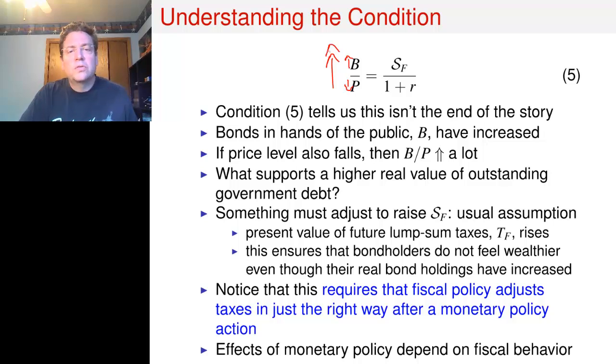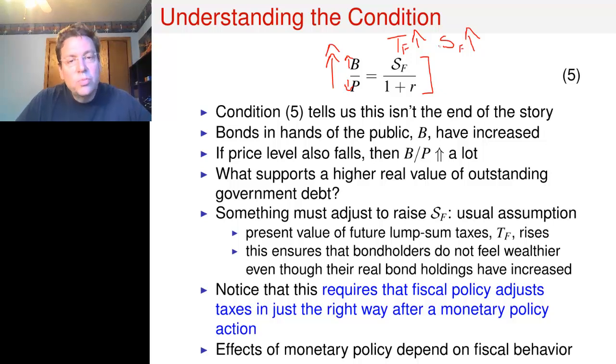Well, what's going to support that debt? Something has to adjust to make this right-hand side equal to this higher value of debt. And so in the usual scenario, what is adjusting is future taxes. And so those future taxes raise this curly S and support the higher value of government debt.